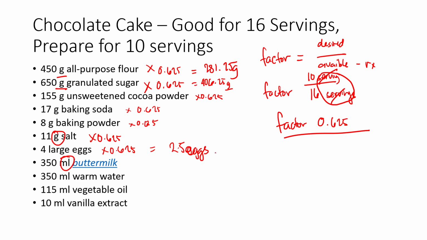It depends if you're going to use 3 or 2, or you can actually divide the eggs by 2. I don't know what the rule of thumb for baking is, but I think it's 2 eggs. So you won't always get a perfect whole number since you are simply adjusting the recipe.